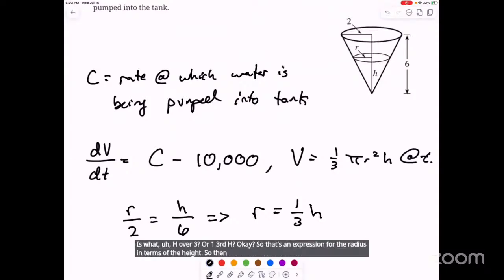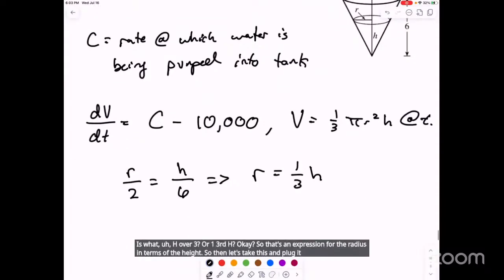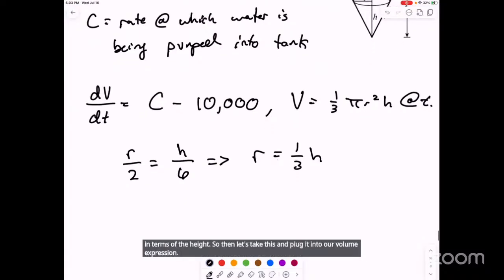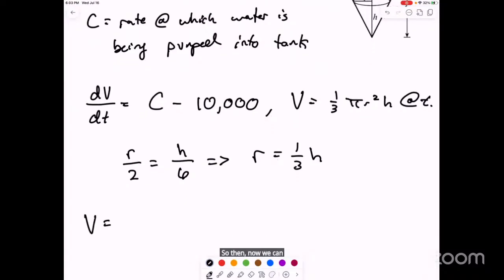So then let's take this and plug it into our volume expression. Now we can express the volume, I think, in terms of h solely, right? So that's going to be 1/3 pi. Now our r, we're going to substitute. Our r is now h over 3, or 1/3 h, and that's squared, times h.